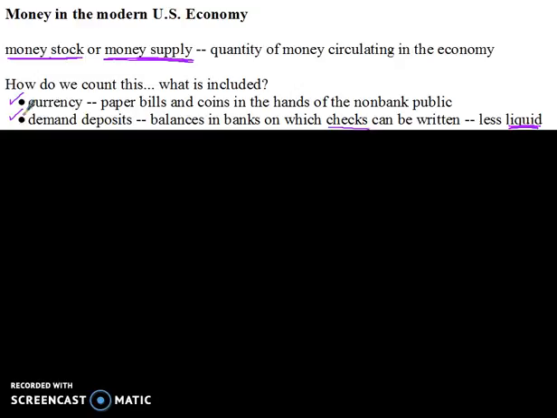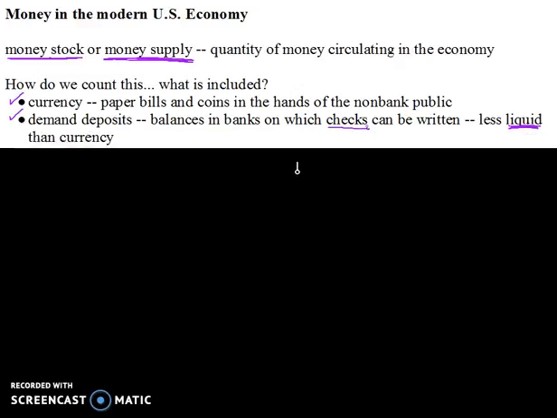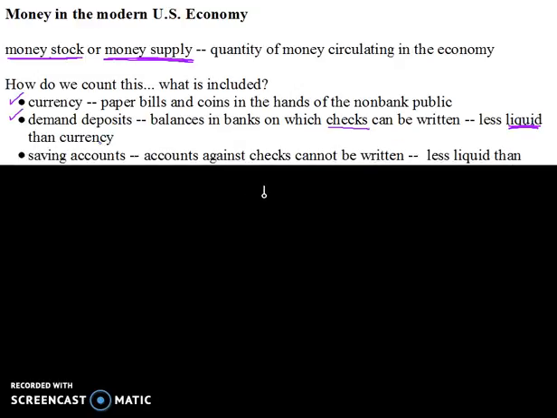When we add up all the money, we're going to add up all the currency in the country and all the checking accounts in the country, because that's all money that people have available to spend. Just keep in mind that a checking account is less liquid than currency. All right, savings accounts.